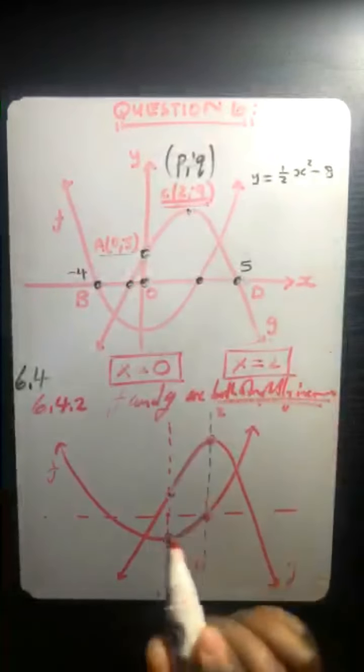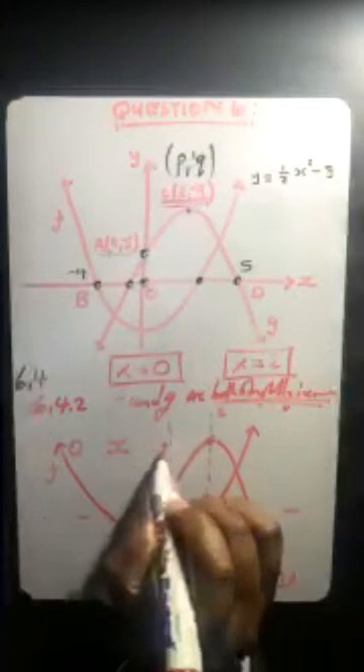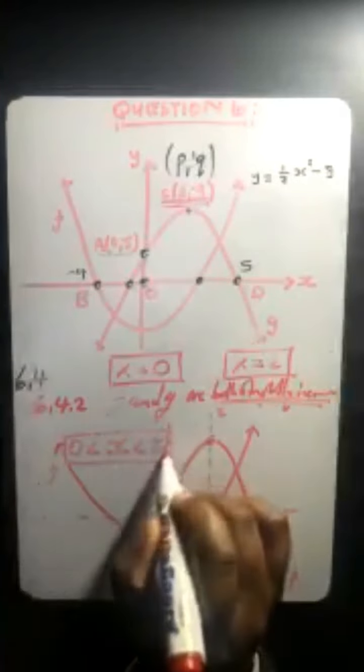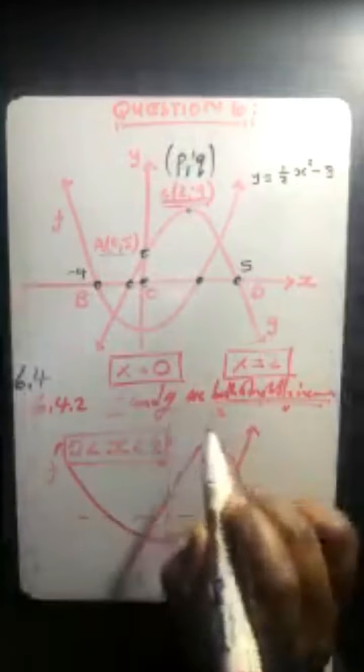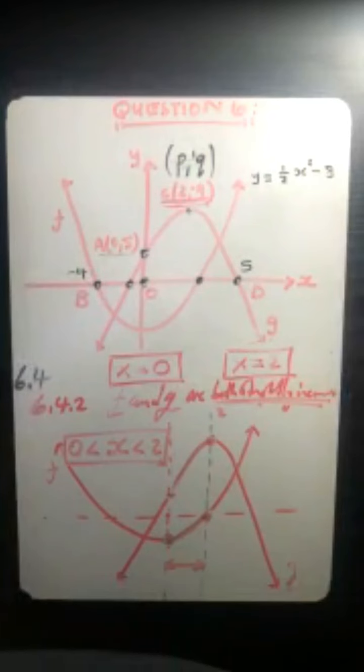So it's more like between 0 and 2. This is how you represent between mathematically. Between 0 and 2. That's where you have f of x and g of x increasing. I'm not sure if it makes sense there. I'm not sure if you guys get it there.